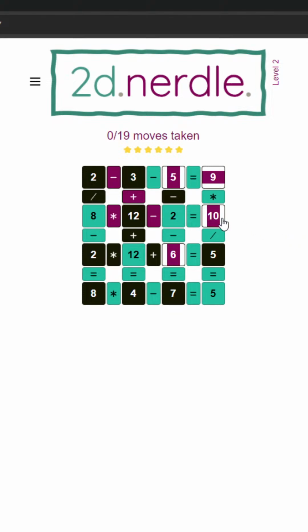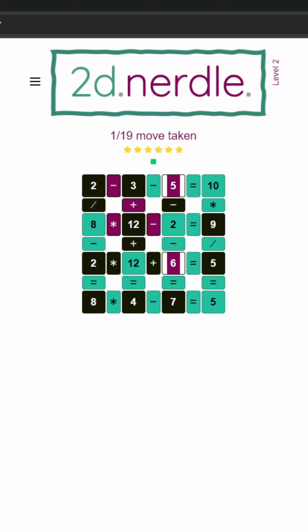Does that have to be like 10 times blank divided by 5 is 5. This would have to be 5 up here. Oh wait, no, these two can change. That was lucky then, that was very lucky.